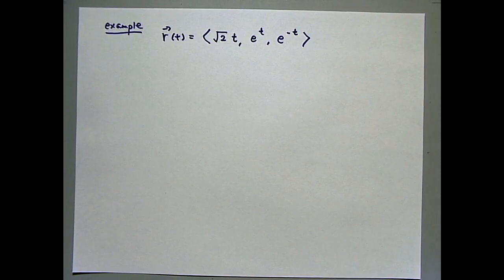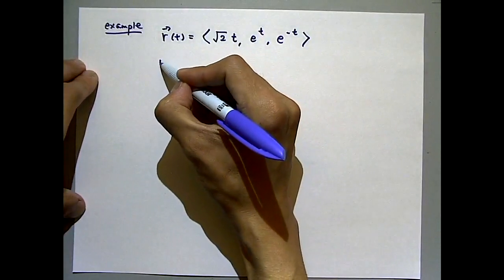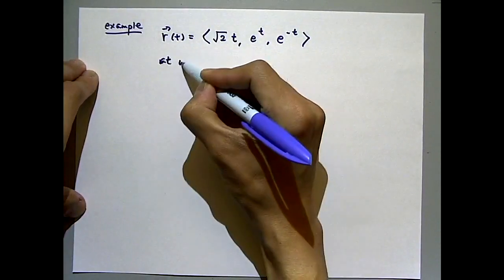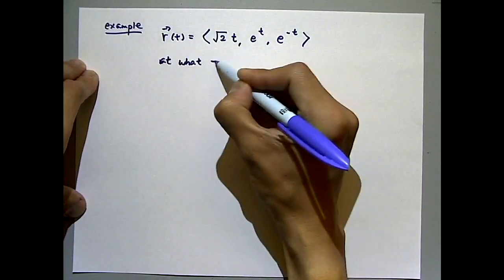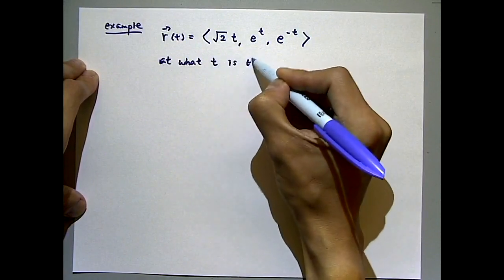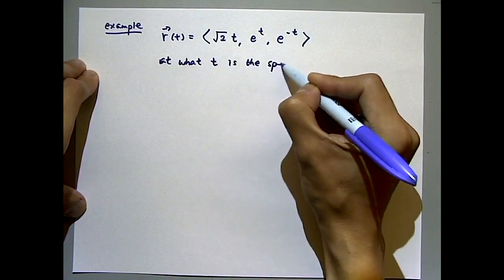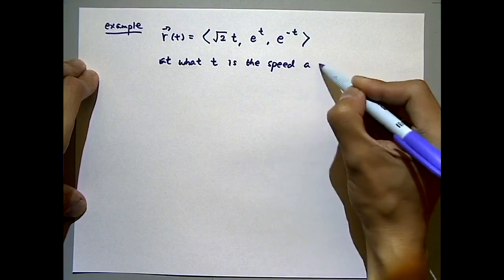Yeah, that guy caused a bit of a trouble, yeah? Was my solution helpful? Okay, good. All right, so let's find the tangent vector and normal vector. No, we're not going to do that. Let's do something else. At what t is the speed a minimum?